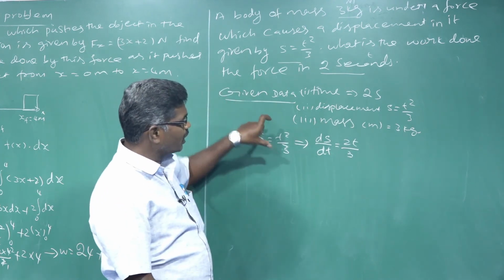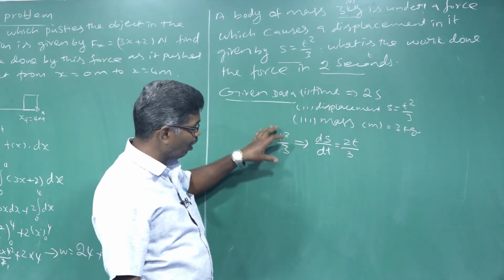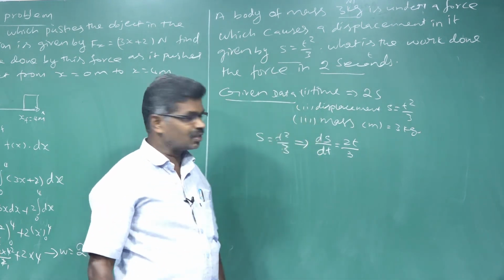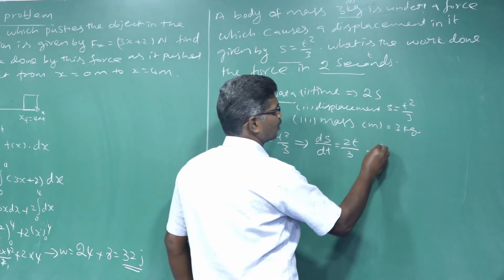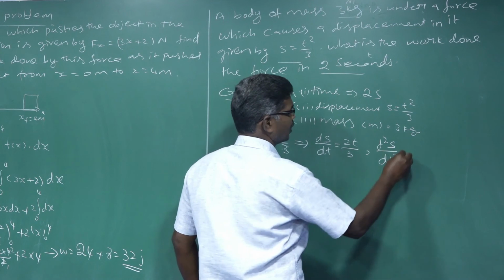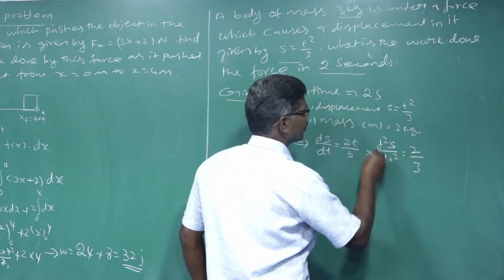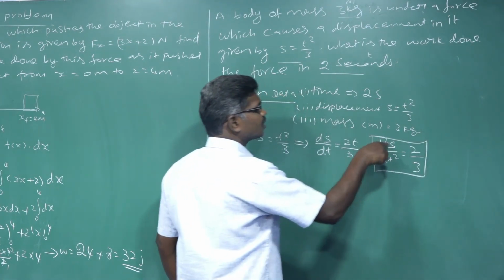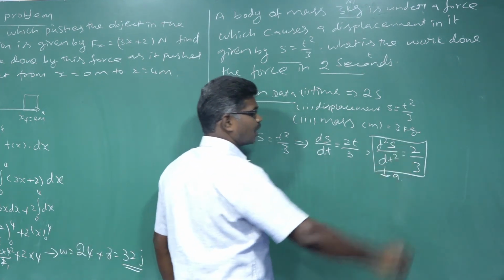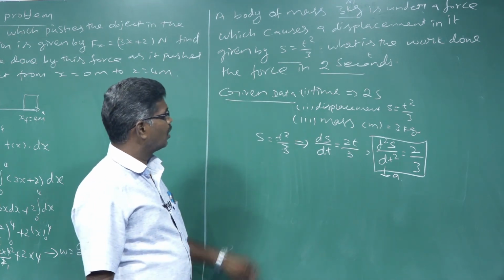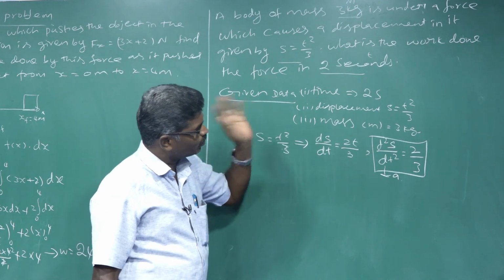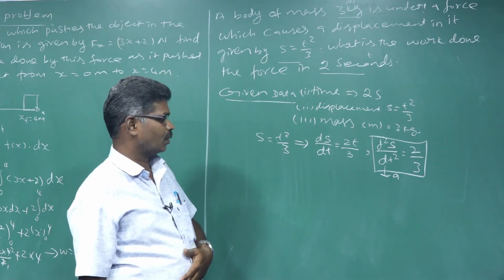Taking the second derivative, we will get d squared s by dt squared, which is equal to 2 by 3. That d squared s by dt squared is nothing but the acceleration, and we have the s value, ds by dt value, and d squared s by dt squared value.